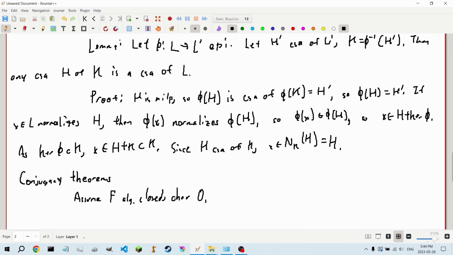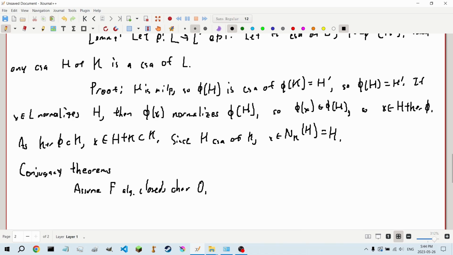We will show that in a Lie algebra L over F, all Cartan subalgebras are conjugate under the group of inner automorphisms.